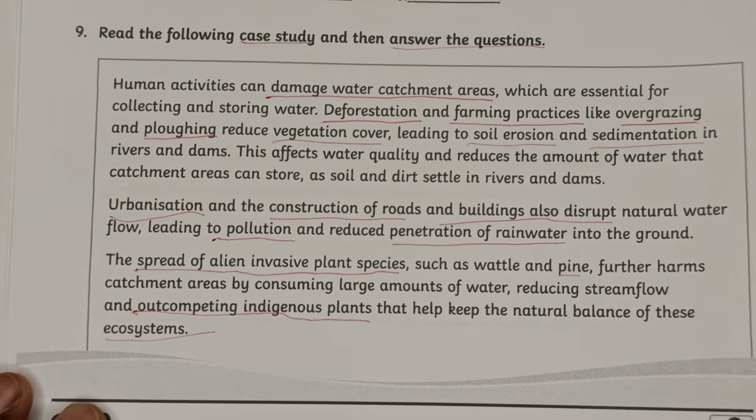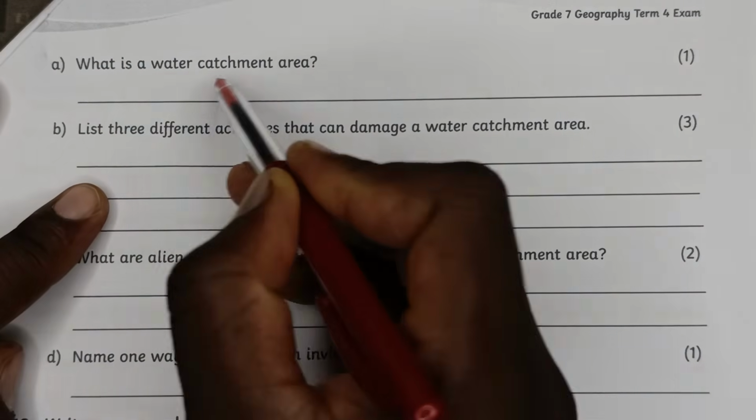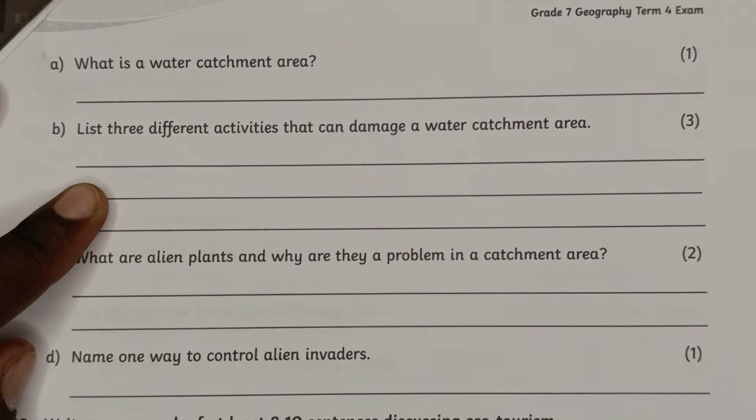We go to the questions. Question number 1. What is a water catchment?